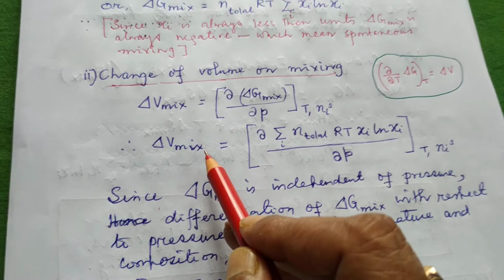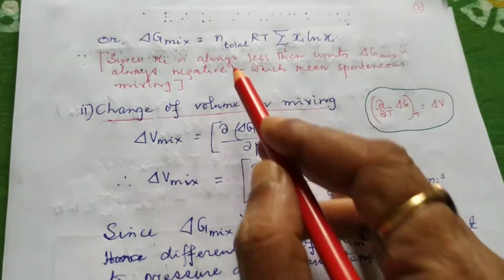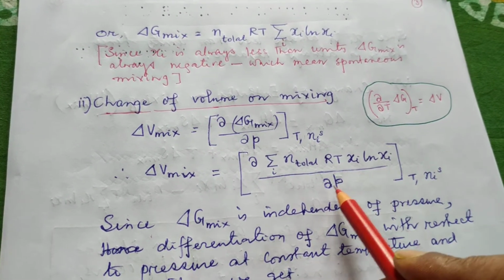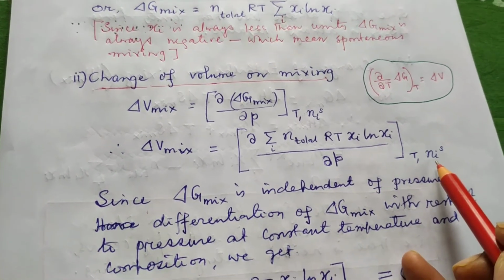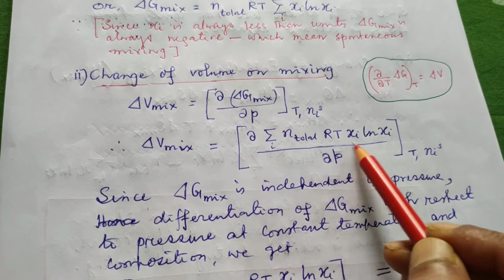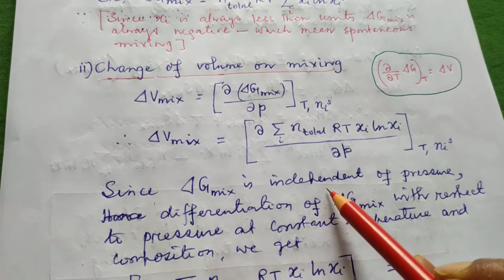So ΔV mix equals, if we put the value of ΔG mix here, ∂(n_total RT Σ xi ln xi)/∂P at constant T and composition. Now since ΔG mix is independent of pressure, no pressure term is there.